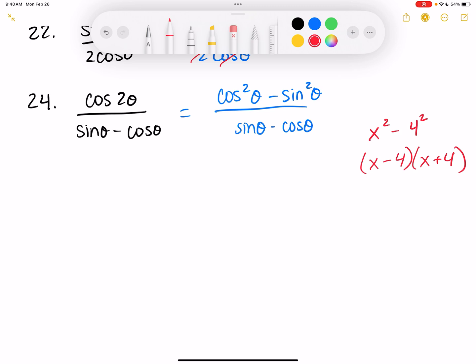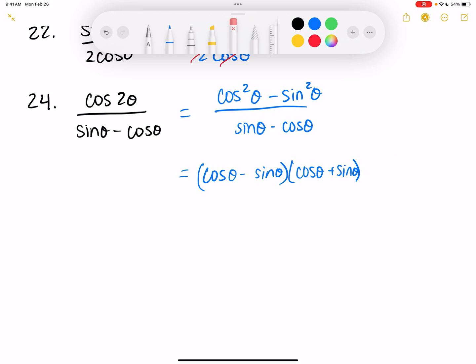So this is going to be cosine theta minus sine theta times cosine theta plus sine theta, over sine theta minus cosine theta.